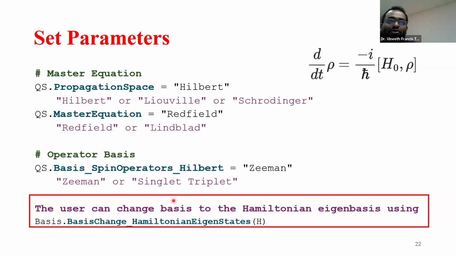Later, if you want to change the basis to the eigenbasis of the Hamiltonian, you can use this line. It is still under testing, but it is implemented. I have tested it for a few problems, which are in the example folder. It looks like it works, so you can also work with the eigenbasis of your Hamiltonian.